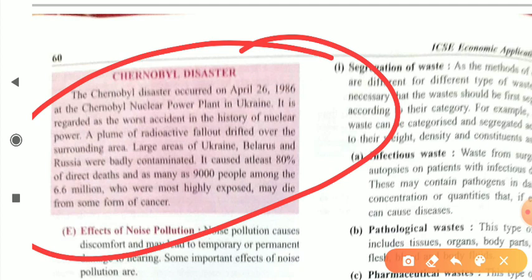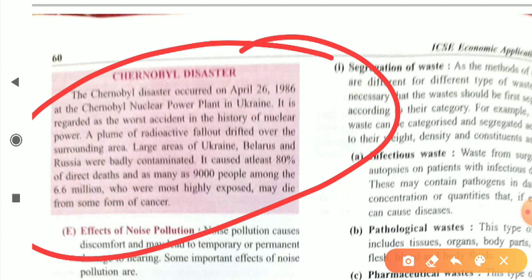A plume of radioactive fallout drifted over the surrounding area. Large areas of Ukraine, Belarus and Russia were badly contaminated. It caused at least 30 direct deaths, and as many as 9,000 people among the 6.6 million who were most highly exposed may die from some form of cancer.